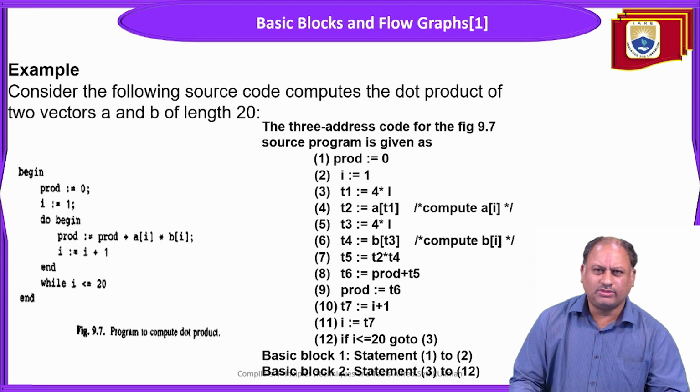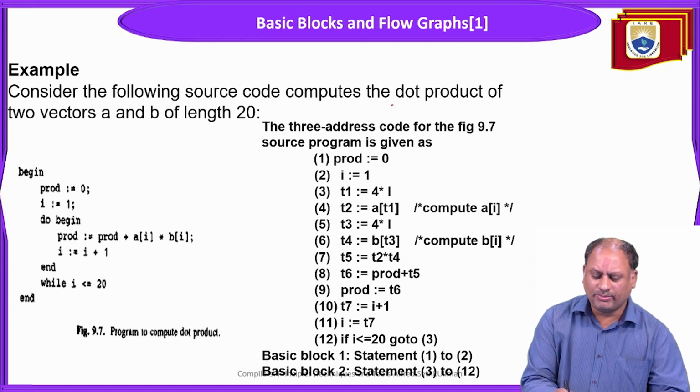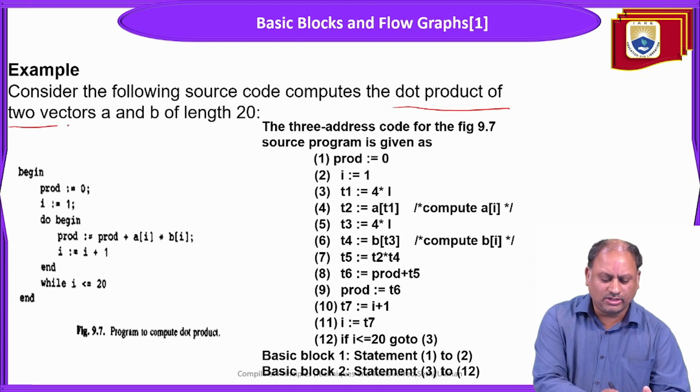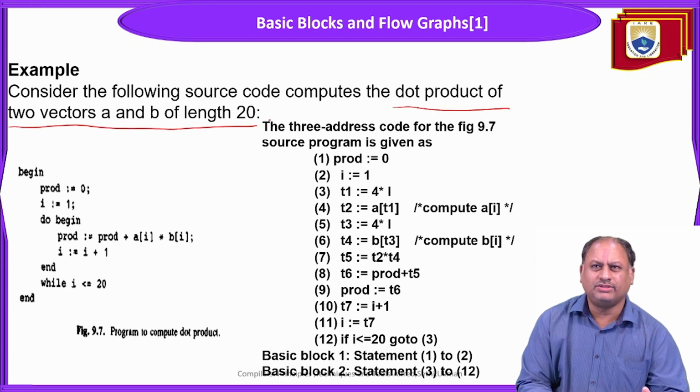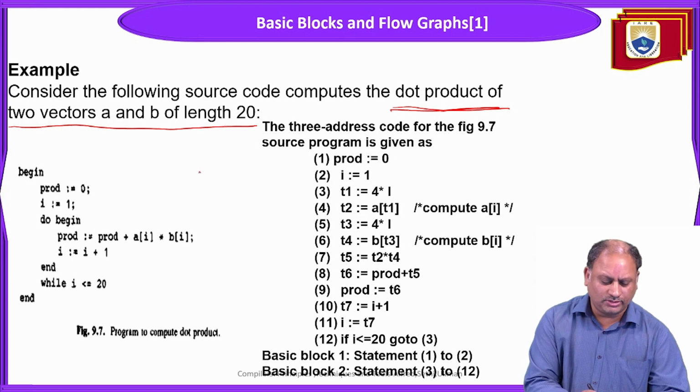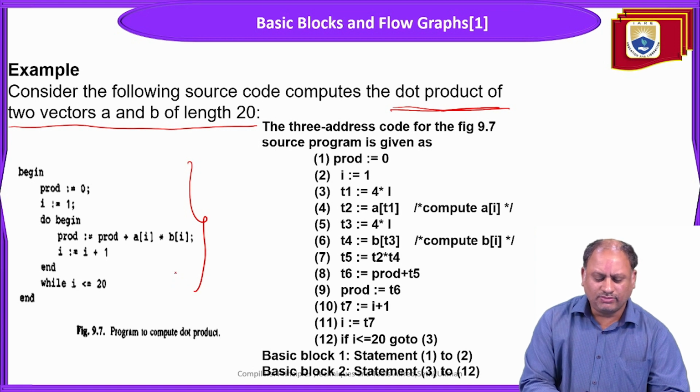For example, to see how the algorithm works, we consider the following source code, which computes the dot product of two vectors a and b of length 20. The source code procedure is like this, and for this procedure we implement three-address code notation.